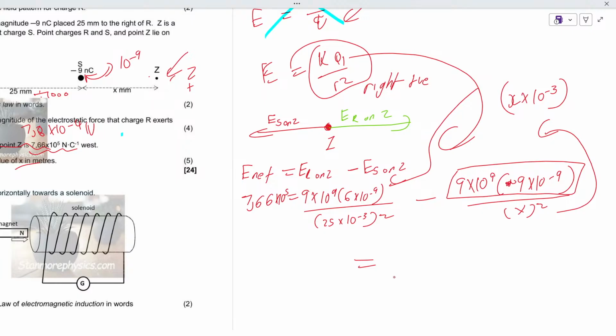Yes, it's minus 9. Minus 9 by 10, minus 9. You are rounding, yeah? Okay, let's avoid rounding because it's not the final answer. So let's just write it like this and see where it leads us.